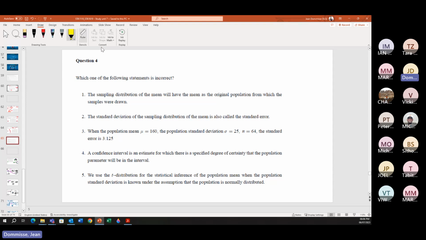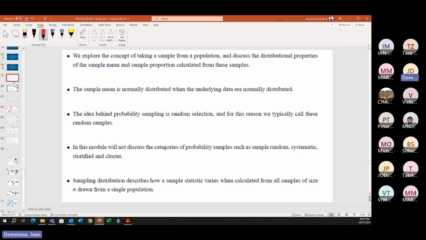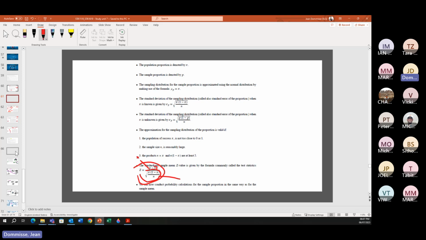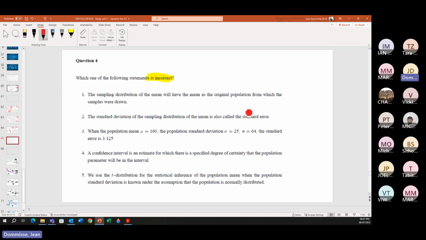Which one is incorrect? So again, giving you a few things on theory that you need to understand. That is why, again, if you can, there are these slides that might help you, if it is possible to print it or have it at hand when you're writing exams.